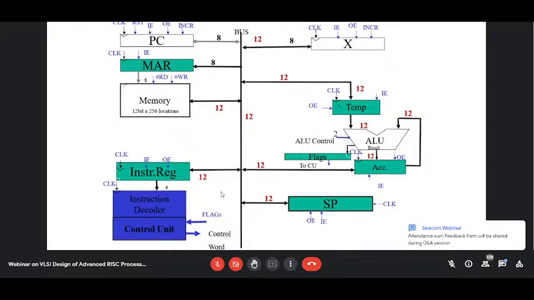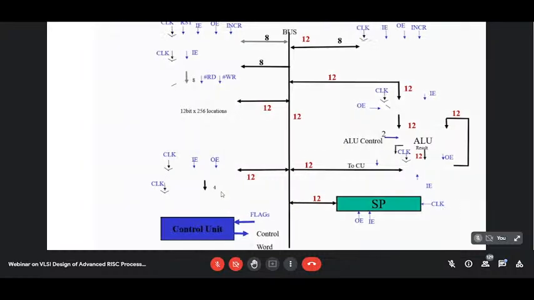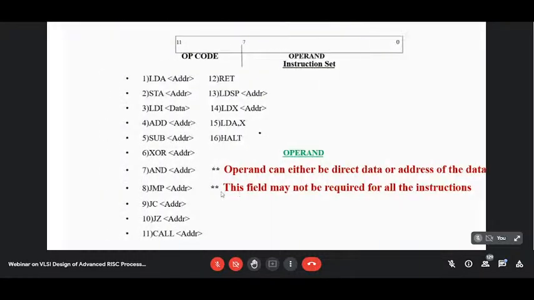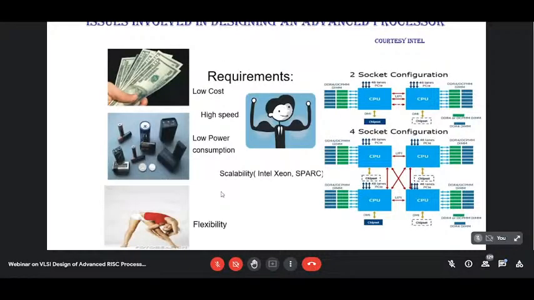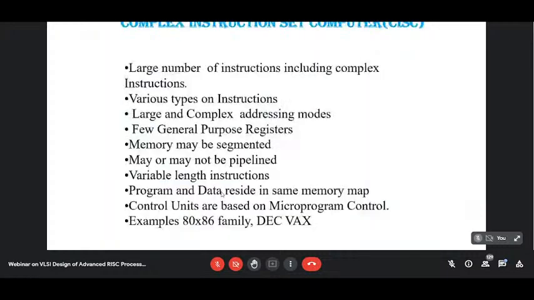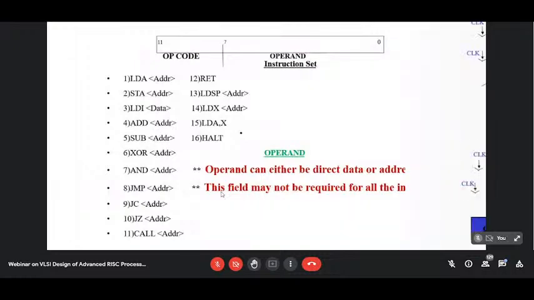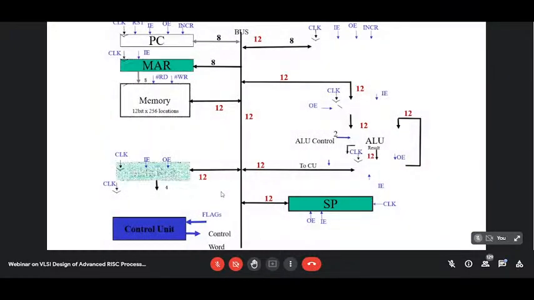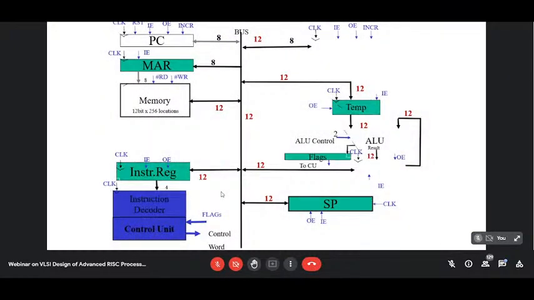So instruction set architecture is the most important thing in CPU design. And this instruction set architecture depends on the requirement, whether it will be high-end processors, low-end processors, or processors for low-end embedded applications.